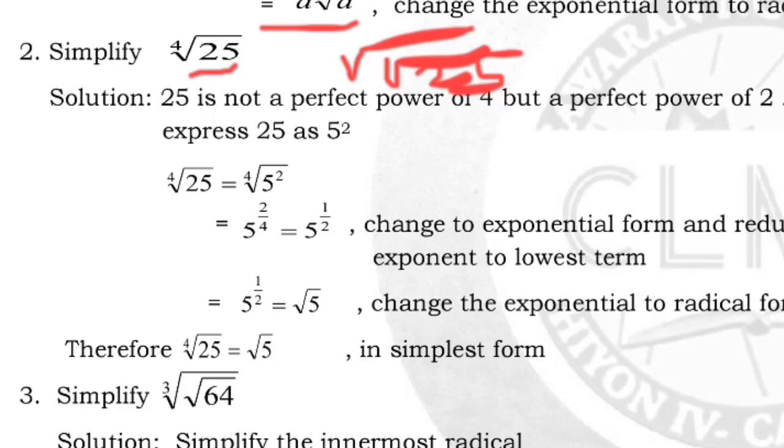So again, the 4th root of 25 is equal to the square root of the square root of 25. The square root of 25 is 5, as 25 is a perfect square, so our answer will be the square root of 5.